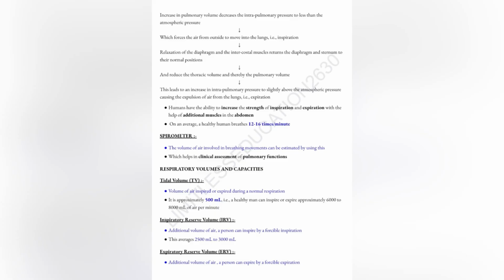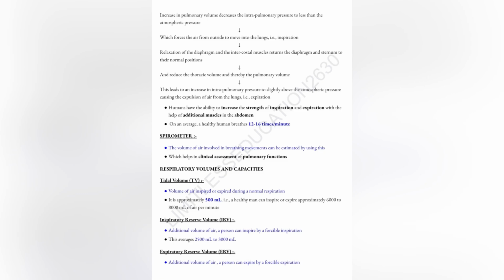It is approximately 500 ml, that is, a healthy person can inspire or expire approximately 6,000 to 8,000 ml of air per minute. Inspiratory reserve volume is the additional volume of air a person can inspire by a forceful inspiration. It averages around 2,500 ml to 3,000 ml.